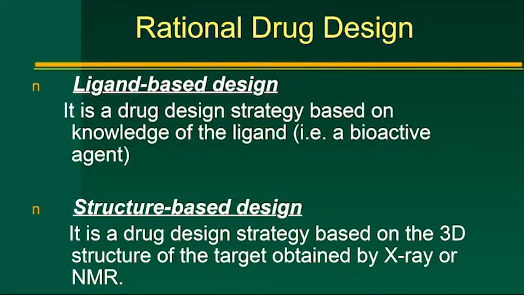Although the definitions seem very simple, these strategies are very complicated and time-consuming. We have unraveled the complication of these strategies by using molecular modeling, or what we call computational chemistry. So modern drug design is more rational, and that's what we call rational drug design.